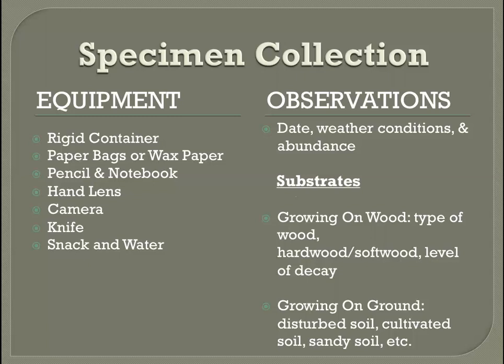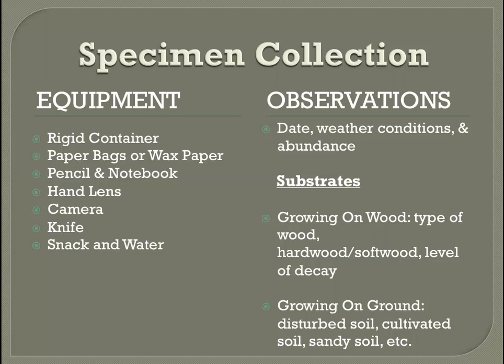A lot of times when I don't have a pen and paper, pencil and notebook, I don't have a container, or I'm in a hurry, let's say I'm backpacking and I'm not actually out identifying mushrooms, or my head's in an entirely different place, I'll take a picture of a fruiting body.